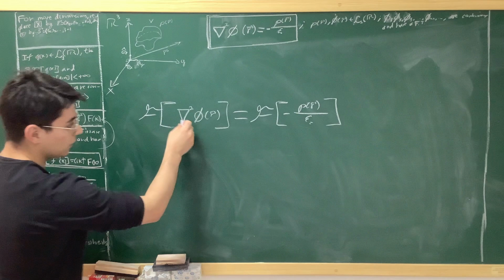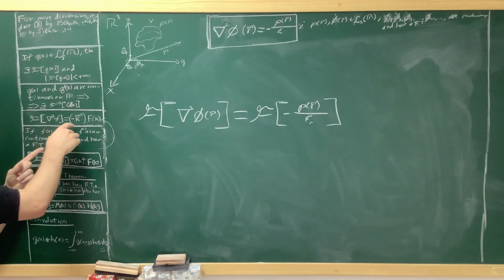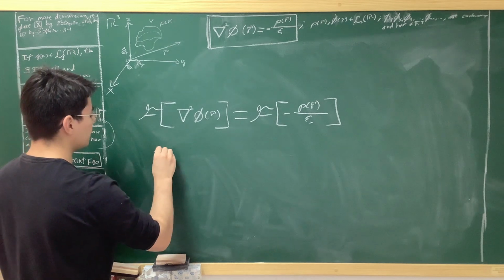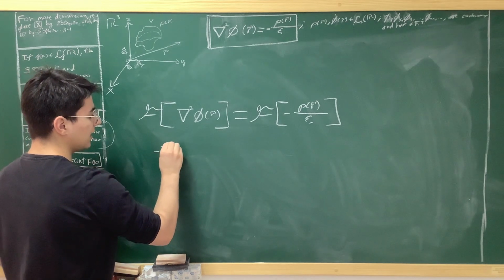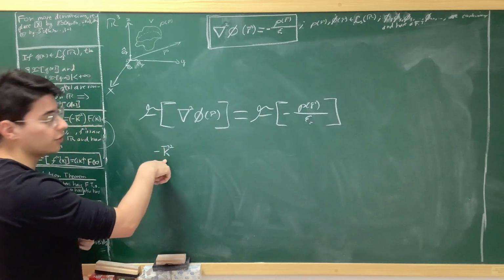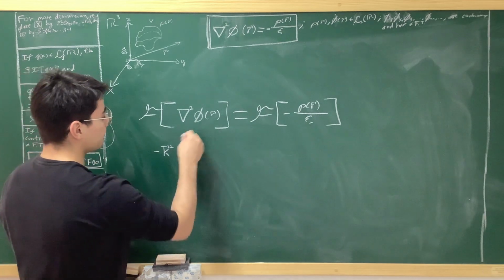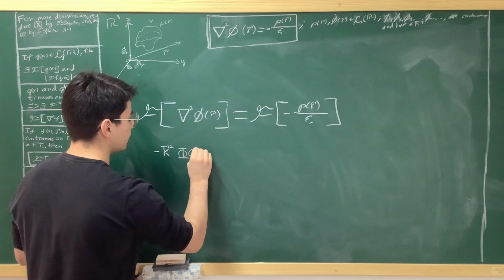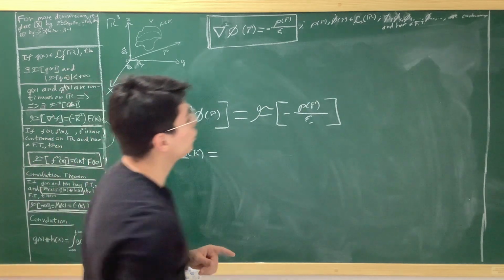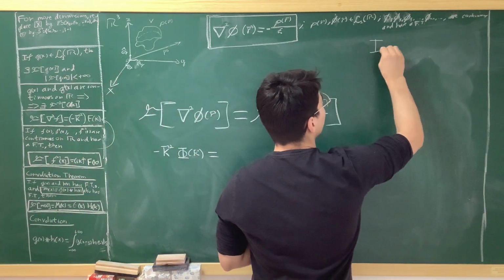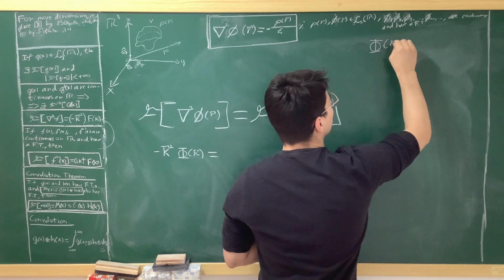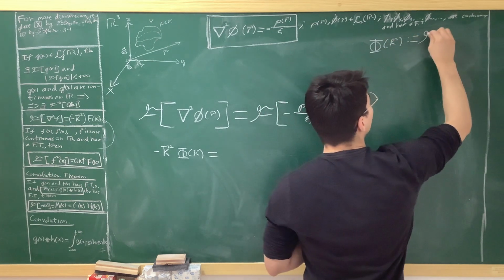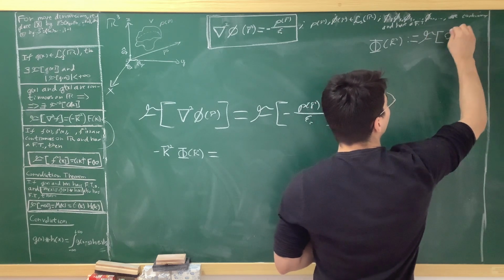Using this property, with k as our new variable, this is just minus k squared, the modulus squared of k, times phi of k, where we define phi of k as the Fourier transform of my potential.